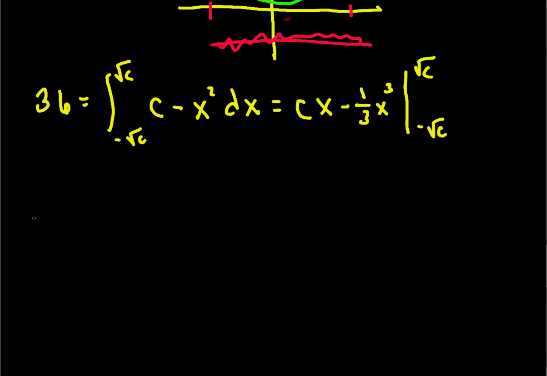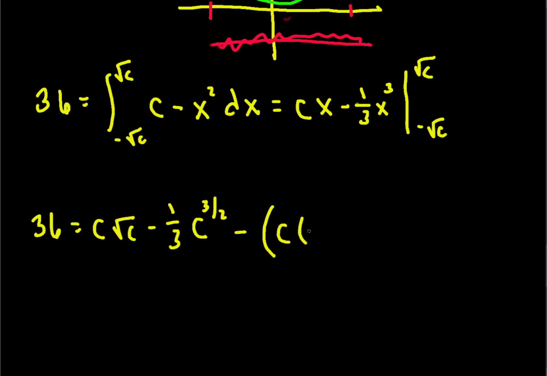So I can set up this equation. This says that 36 has to be equal to c times root c minus 1/3 c to the 3/2, minus c times negative root c, minus 1/3 times negative c to the 3/2 again.